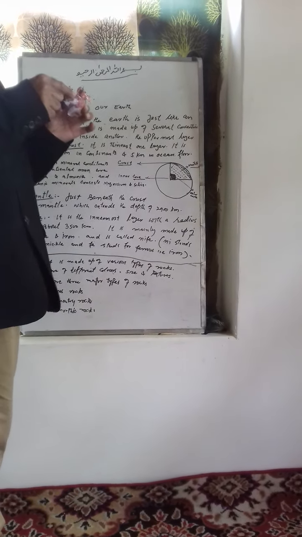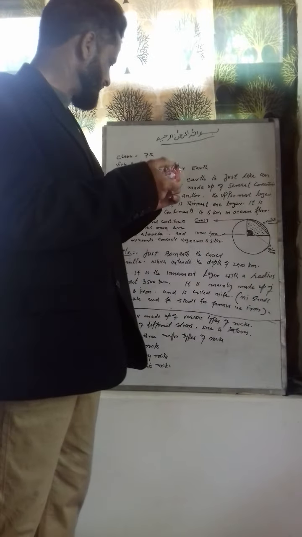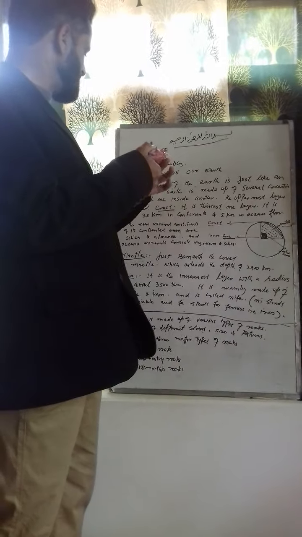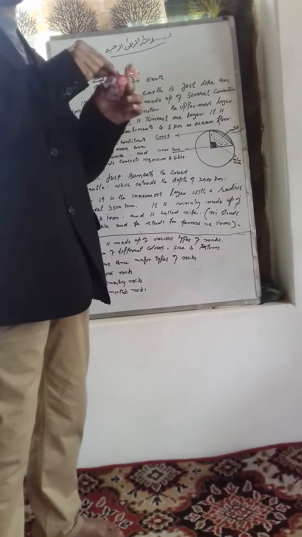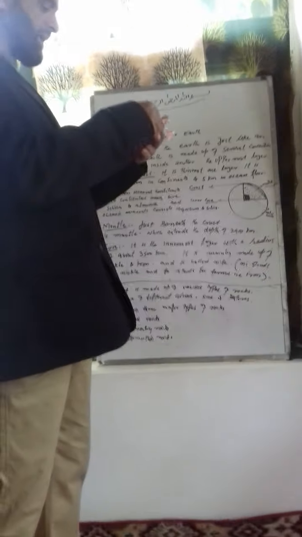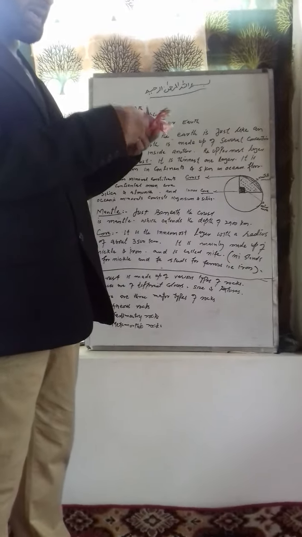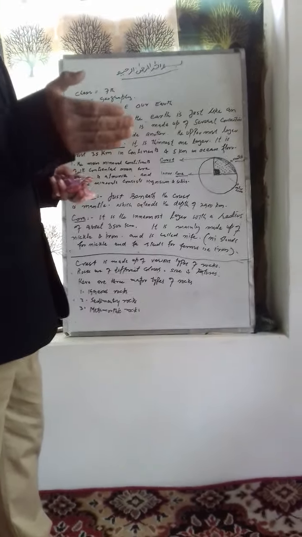The earth is also made up of several layers, one inside another. As this onion has a first layer, second, third, fourth, and so on, so is the case of this earth.